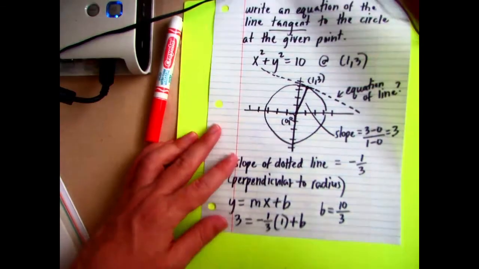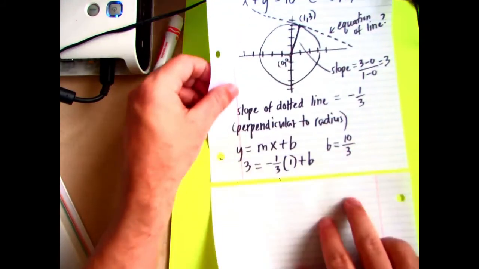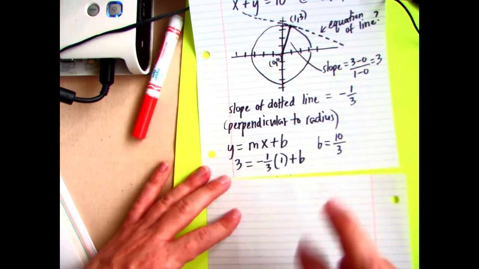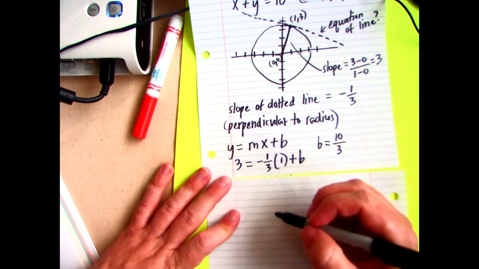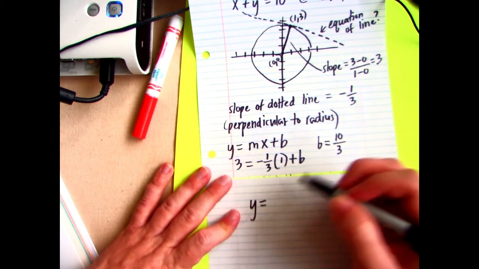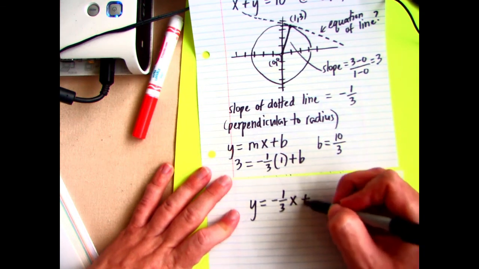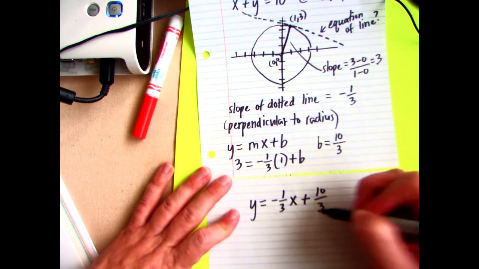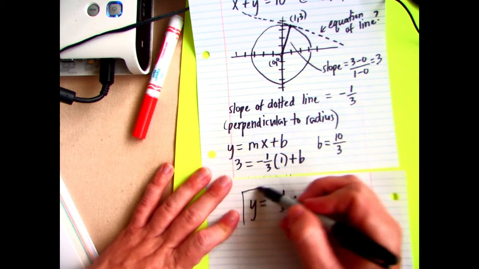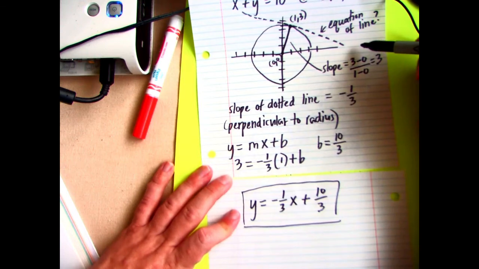So I'm ready to write my final equation here. The equation of that dotted tangent line is going to be y equals negative 1/3 x plus 10/3. There is my final answer. That's the equation of that dotted tangent line.